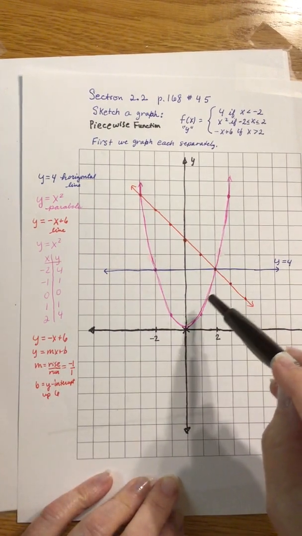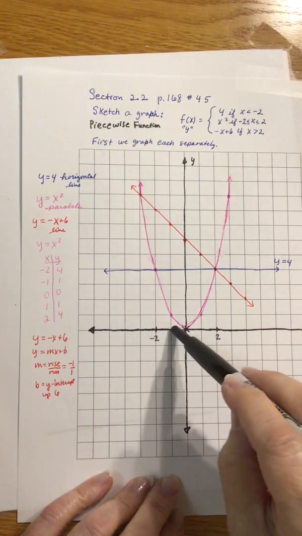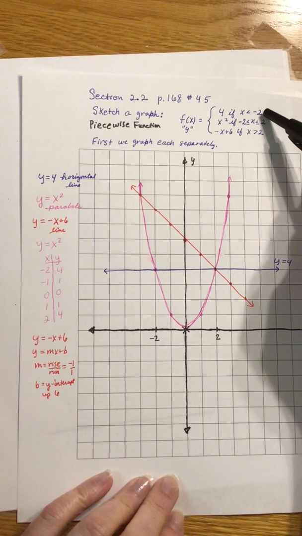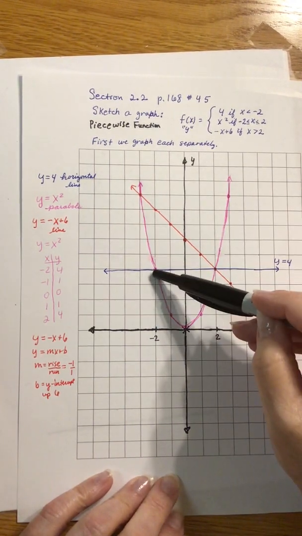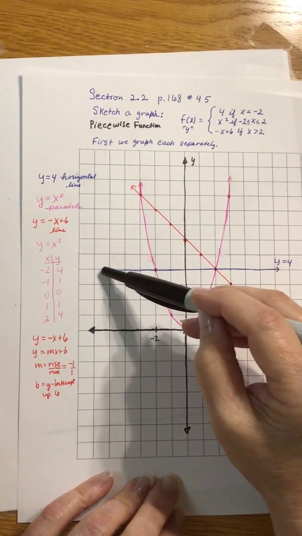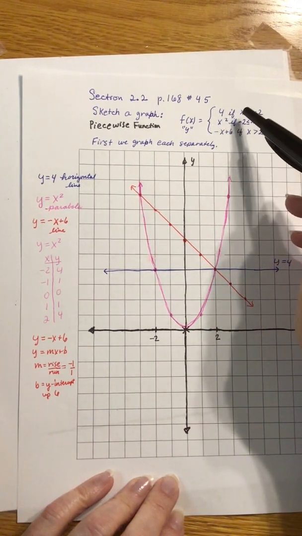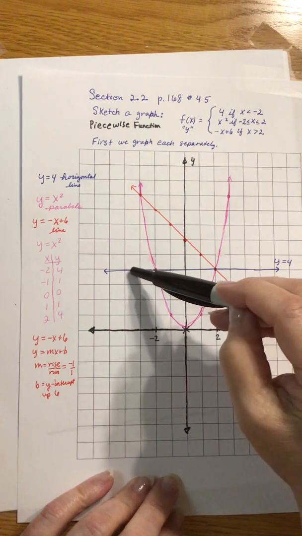So once you get all three things on there, then we have to take that difference in the domain. So we're saying x is less than negative 2, then we pick off, here's negative 2, we take everything less than, so it would be the horizontal line going to the left. Y equals 4 if x is less than negative 2, so we pick off this part.